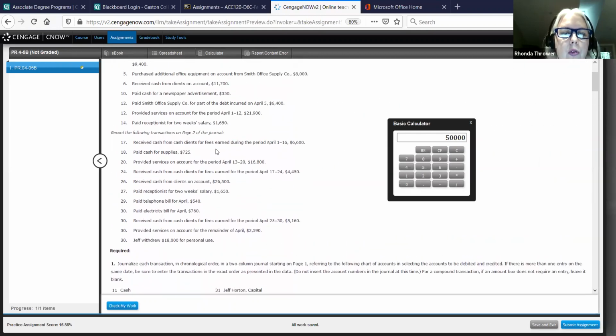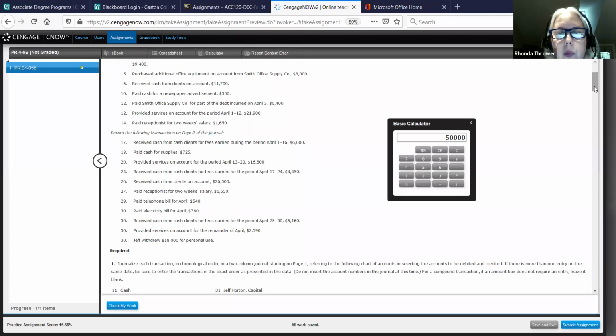So we're just going to move to page 2 of the journal. On page 2 of the journal, the first transaction we're going to record is that we have received cash from cash clients for fees that were earned during the period of April 1st through the 16th. So if we've received some cash, we're going to debit our cash, and they were from cash clients. So that means that it wasn't on account, that we're just going to record our revenue there.